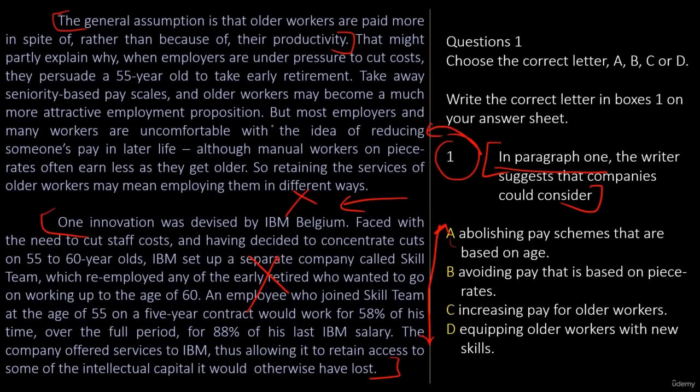But most employers are not comfortable about that idea of reducing someone's pay, right? So they have to find some other way. But you look at this whole passage, what is it talking about? They're talking about if they can remove the system of people being paid according to their age. And hence the answer A is correct.